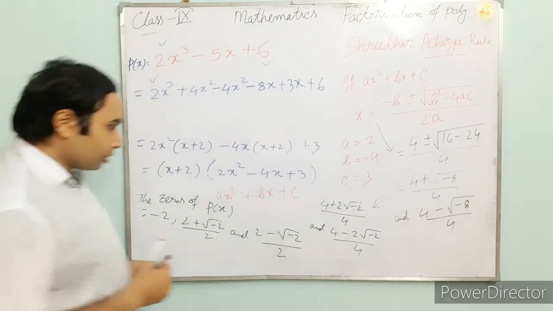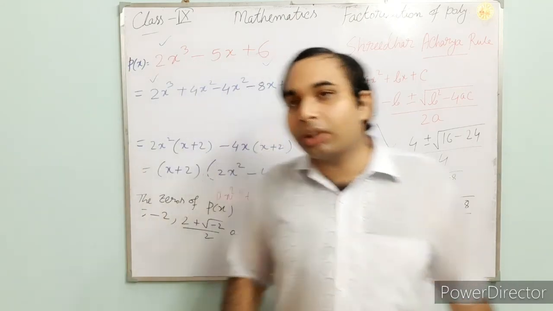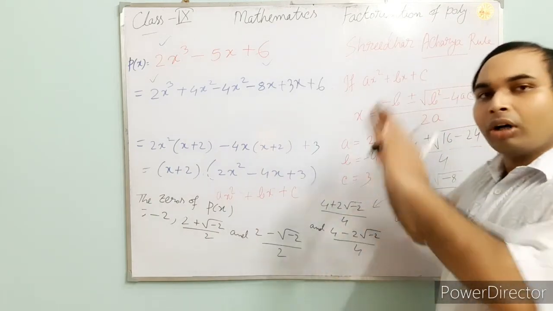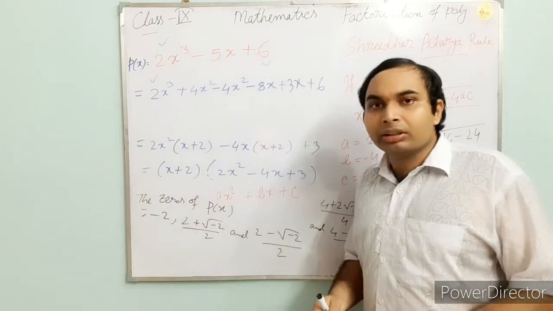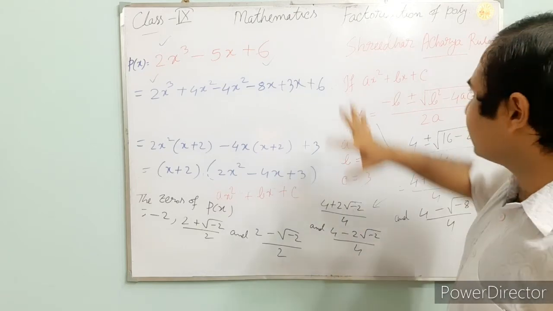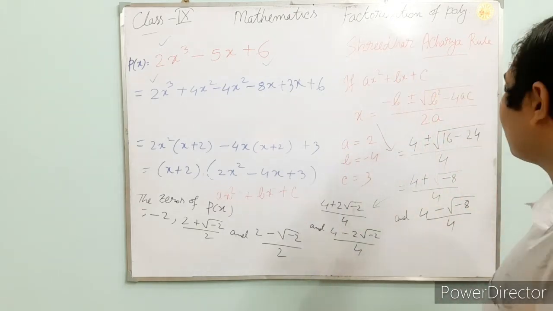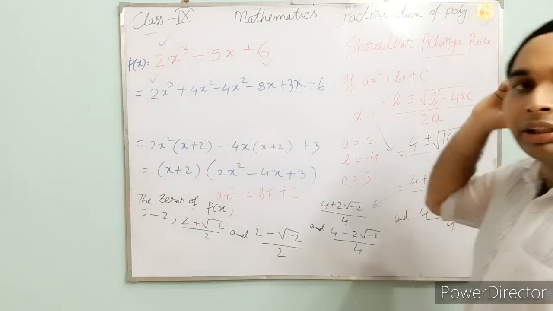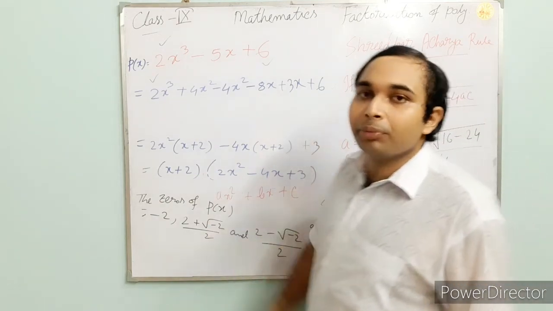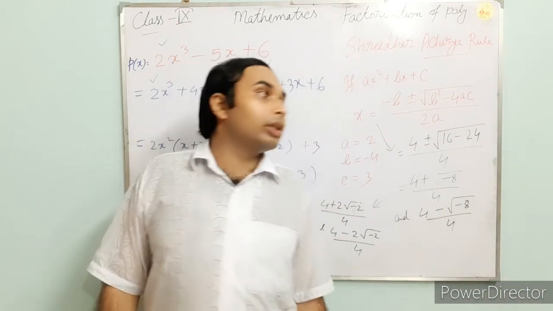Those are the zeros. Actually, one real root and two complex roots. All of those you will find in class 10. Now I am not explaining that, just for your knowledge I have told about that great rule, the Shridhar Acharya rule. This can be applied in each and every quadratic polynomial, quadratic trinomial actually.